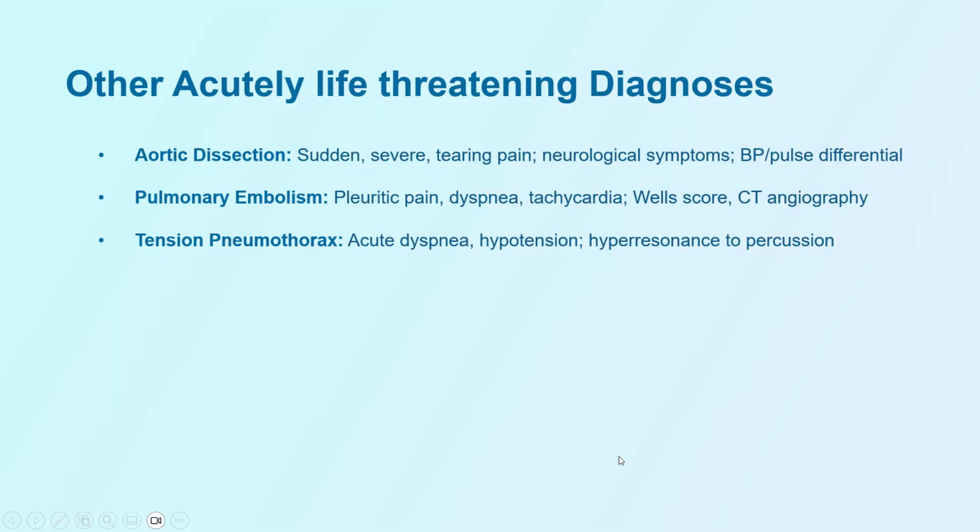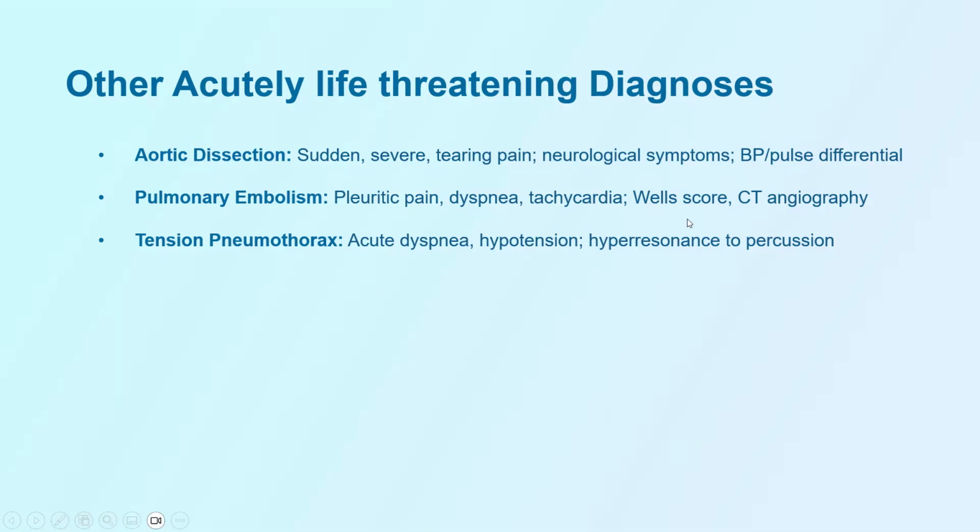Now, in aortic dissection, usually the pain is described as tearing and going to the back. And you may see that their pulse or blood pressure is different in one arm from the other. Pulmonary embolism usually has a deep, sharp pain. They feel dyspnea, they have tachycardia.